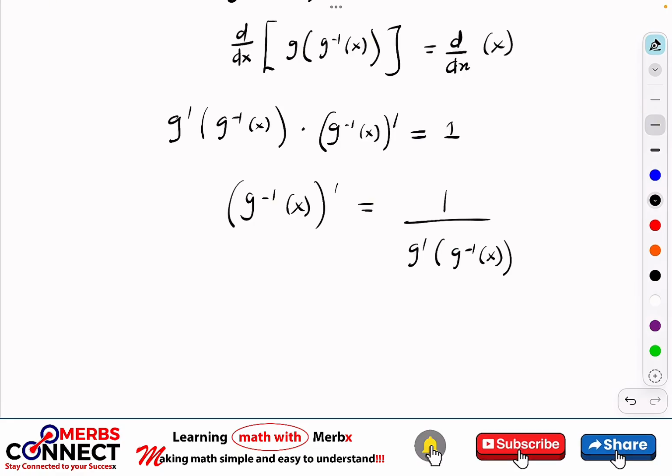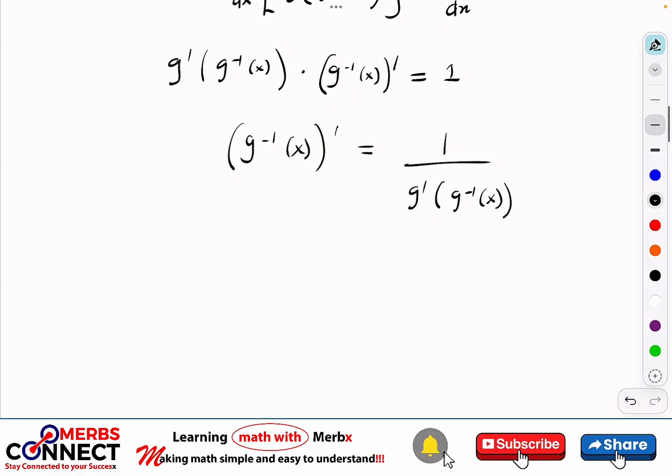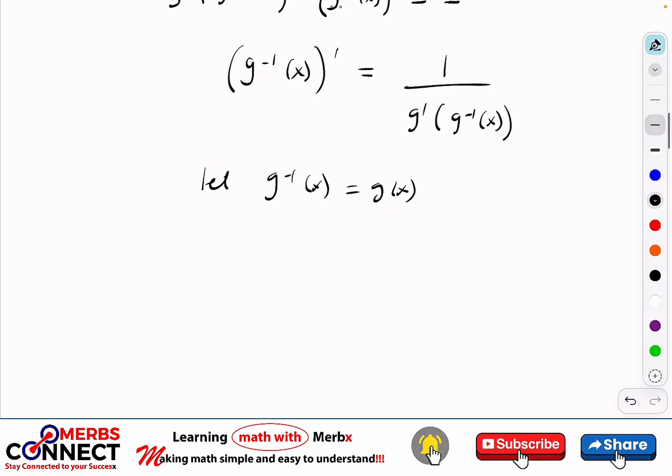Great. Good. So if I do this here, then now what I want to do is set this one to gen of x. So I'm going to set gen inverse of x to gen of x. So when I do that, I'm going to have gen of x prime, which is equal to 1 divided by.